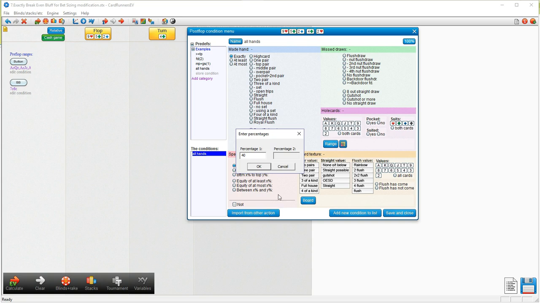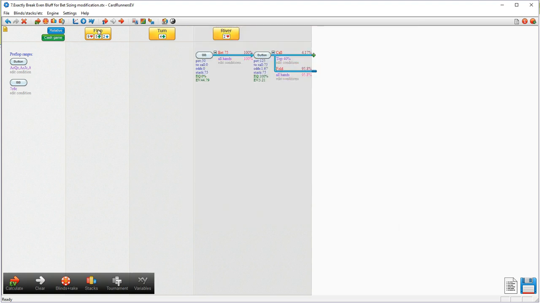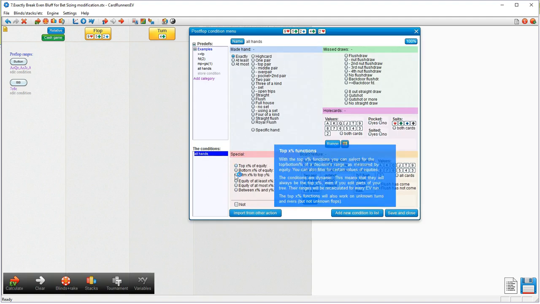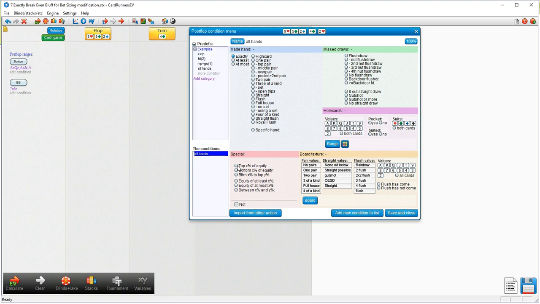Is that still going to be more profitable than the 20 big blind bet we made, where he actually folded close to the break-even threshold? So he's actually going to fold 60% of the time in this case. Let's have a look at our expectation. You can see this is actually now a losing bet. He's not folding enough. So if the large bet works significantly more often, it can end up being more profitable. But if it only works slightly more often, then we're better off sticking with the smaller sizing.